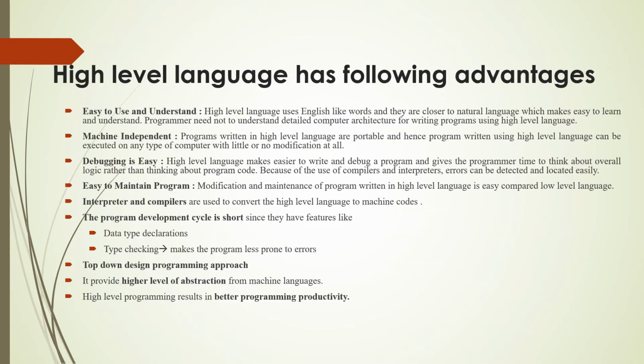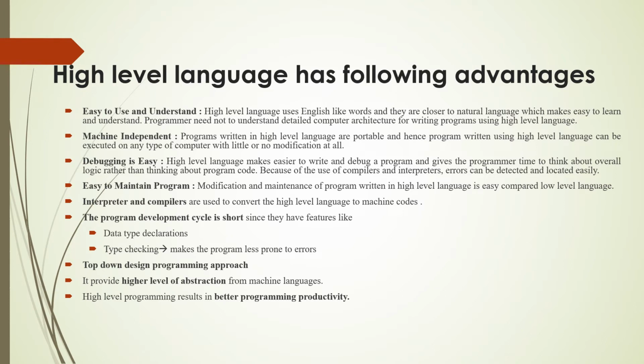Now come to high-level language. High-level language is what we prefer now. Why? Because it is very easy to understand, it is programming friendly and it is also user friendly. In high-level language we use English-like words that are closer to our natural language, right? It makes things easy to learn and understand, and the programmer need not understand the detailed computer architecture for writing the program.